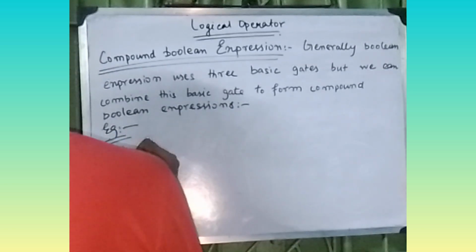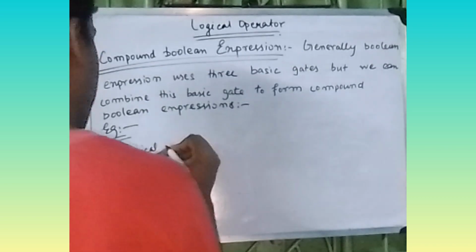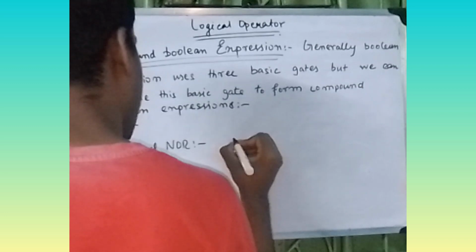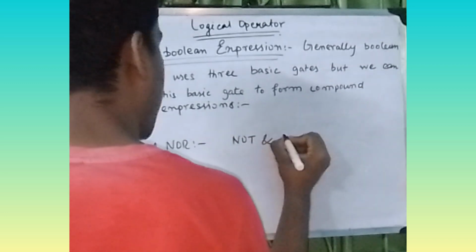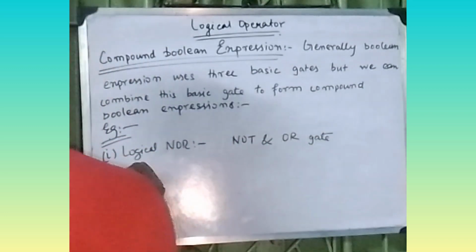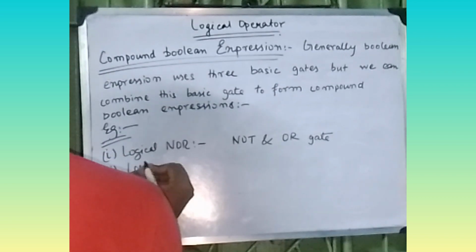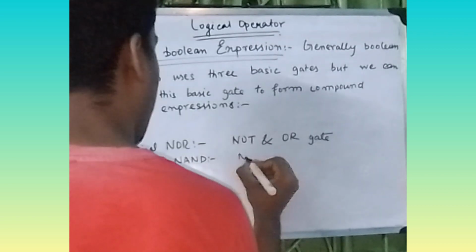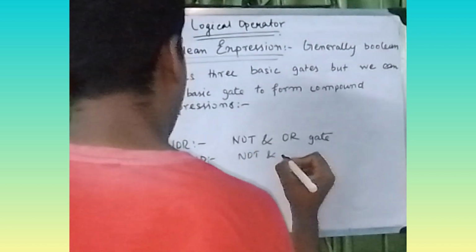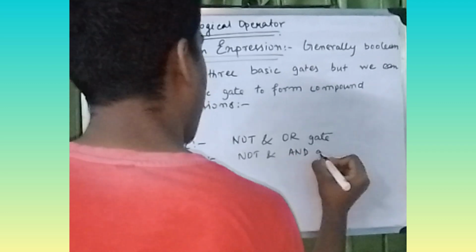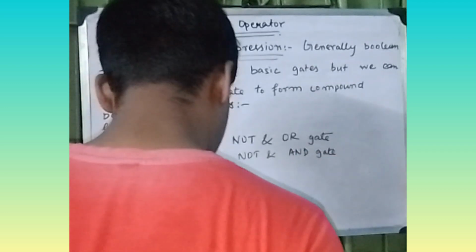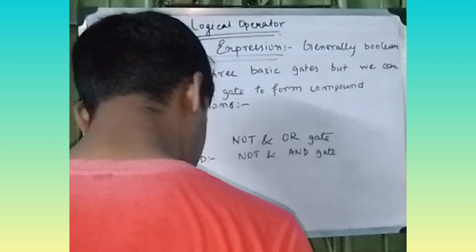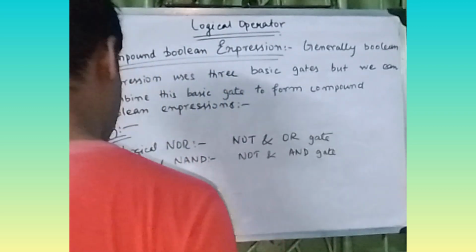For example, the first one will be logical NOR, which is formed of OR and NOT operators. The second one will be logical NAND, which is formed of NOT and AND gates. The third one will be the logical XOR operator.